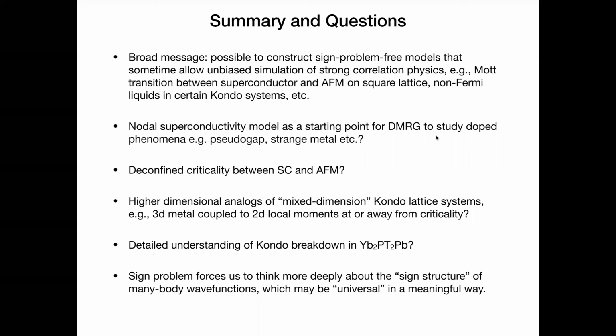So if you're already in the regime where there is a superconductor, if you dope it a little bit, perhaps you can access the part of the high Tc phase diagram, like in cuprates, which is at large doping, by just a little bit of doping in our model, because we're already in the nodal part. Okay, this is just a fantasy. I don't know whether it's possible, or maybe I'm just misguided, but this is something which might be interesting to think about.